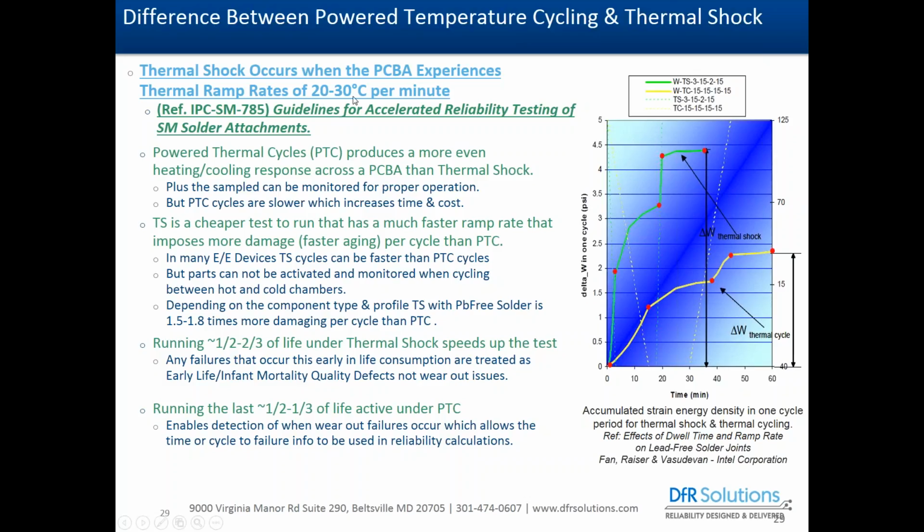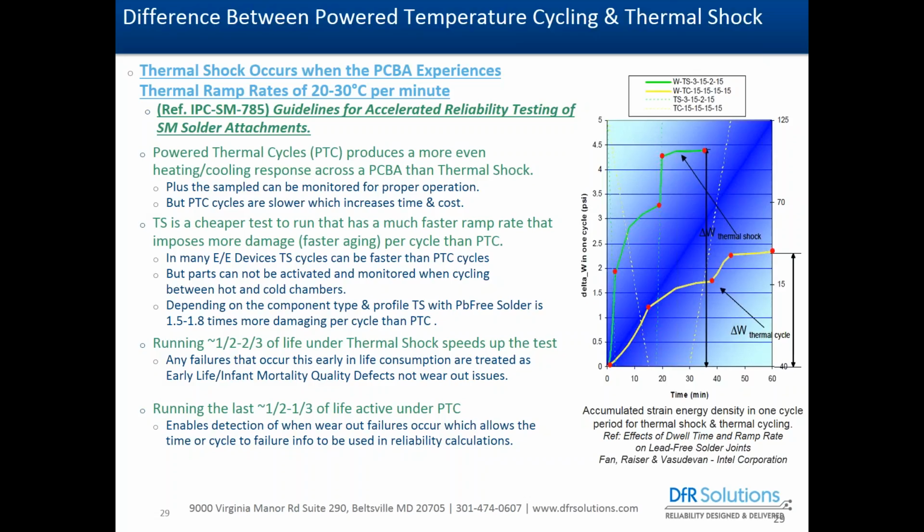When they're in the range of 20 to 30 degrees C per minute, again as measured at the circuit board, this is what's called a thermal shock condition. And when this happens, you are putting 1.5 to 1.8 times more damage per thermal cycle into your circuit board assembly and its solder joints than you would with a power temperature cycling chamber, where you have a single chamber that heats up and cools down the device much more slowly.